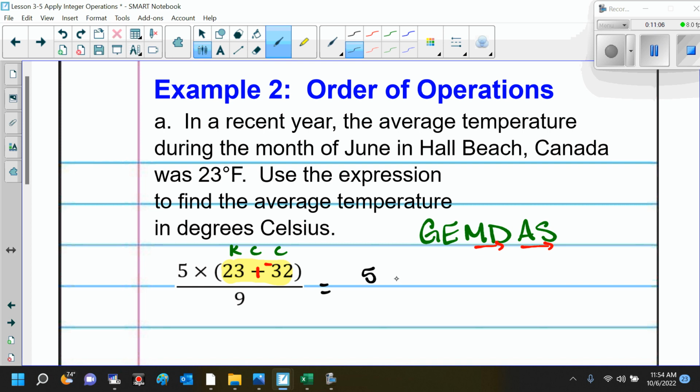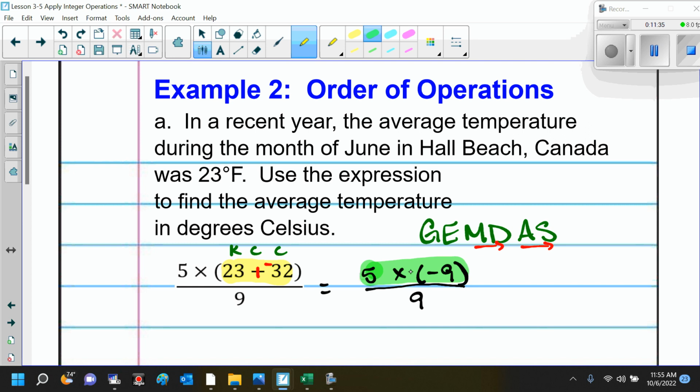So now we've got 5 times negative 9 divided by 9. Remember, when you say over 9, that means division, right? So, what do I do next? You're going to do the multiplication right up here, because remember, this fraction bar is a grouping symbol.